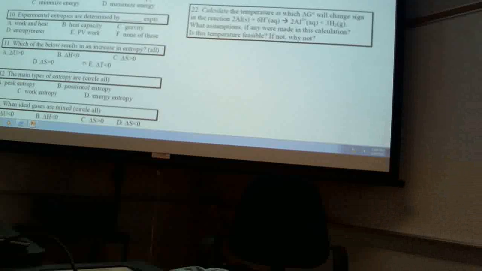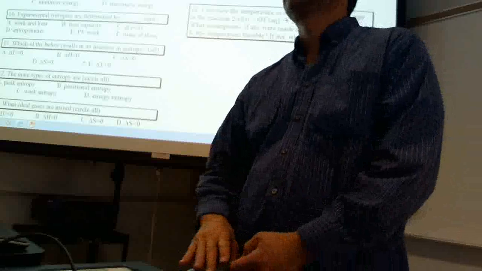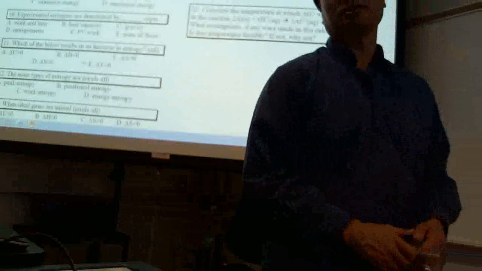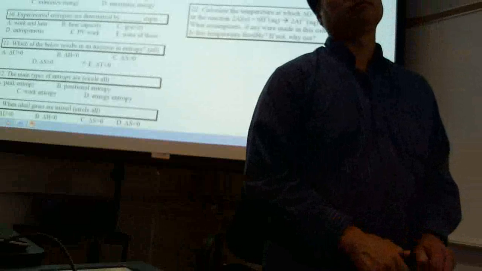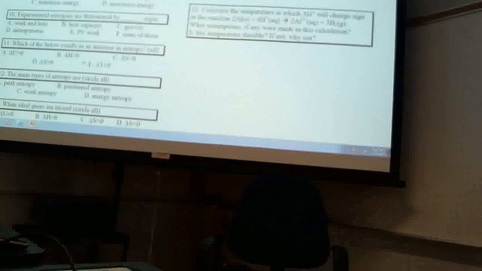And so here, if the delta U is greater than 0, what's happening to the entropy here? The entropy is increasing because we're going from a liquid to a gas. But is it because of the internal energy? Here, is the potential energy changing? No, because I start off with water, I end up with water.